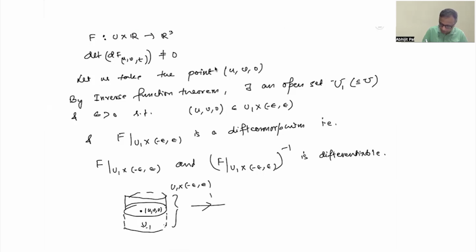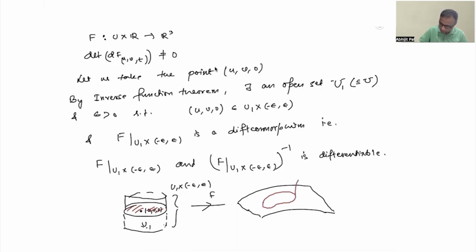This map F takes this open set to another open set in R3. This is my surface, and F of U1 will be something like this.